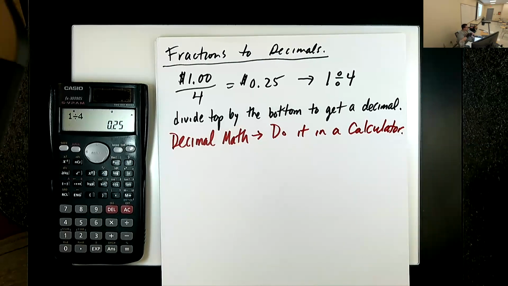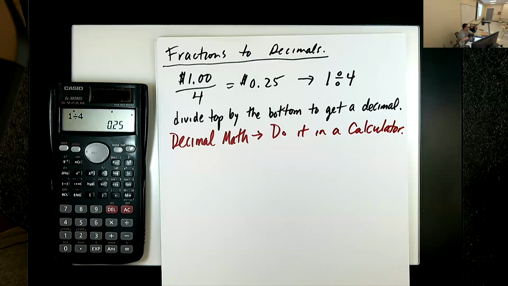I'm expecting you to do it in a calculator. If you're doing it by hand, good for you. It's good practice, but you're going to tank yourself when you do the midterm. You're going to run out of time if you're doing it by hand. So speed up wherever you can. Work smarter, not harder. Most of this stuff you're going to do in a calculator.